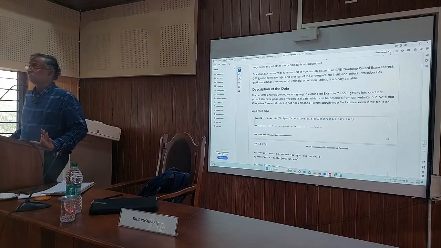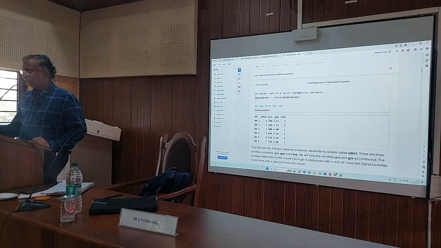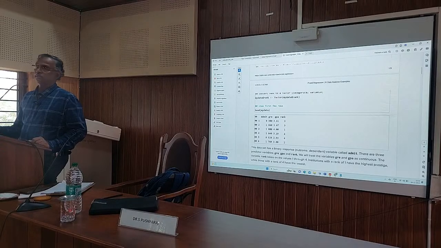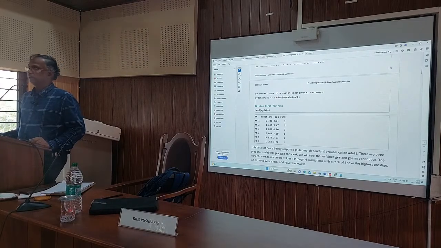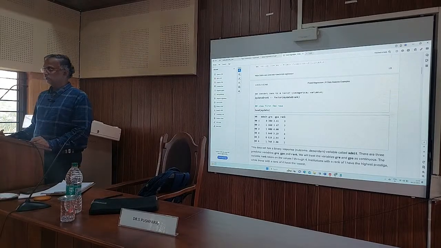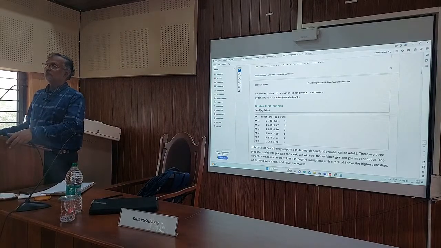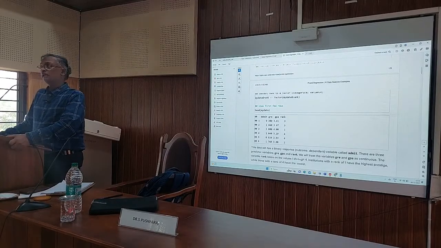This is about admission data, in the European context. There are 4 variables in your data set: the admission status of the student, the grade of the student, the GPA of the student, and the rank of the student. We are trying to determine what determines the admission chances of the students.